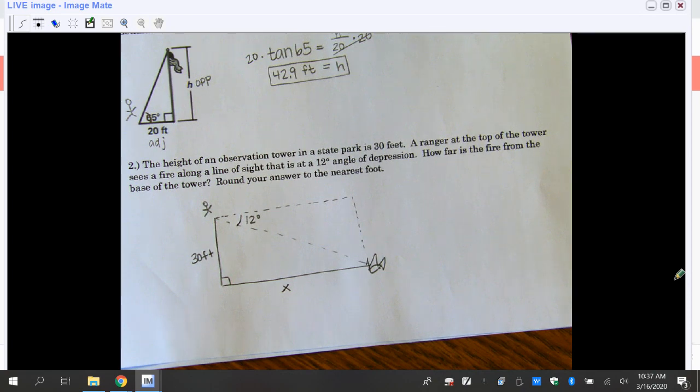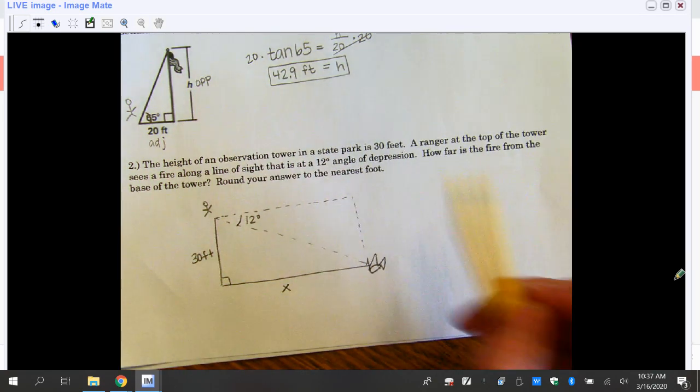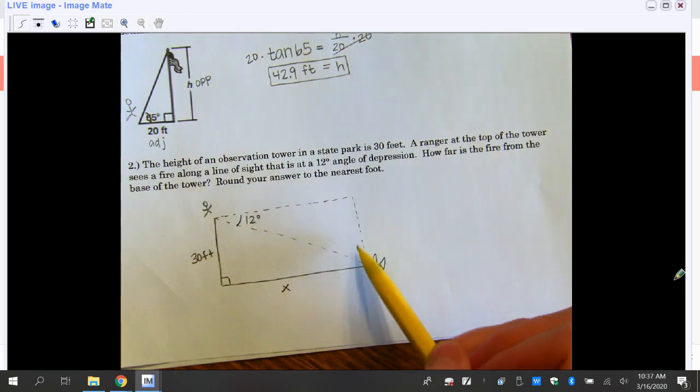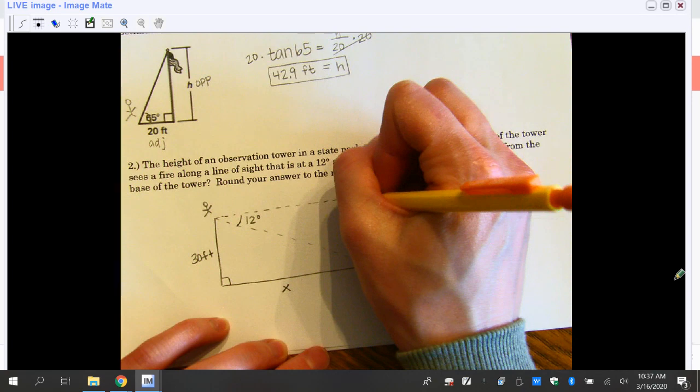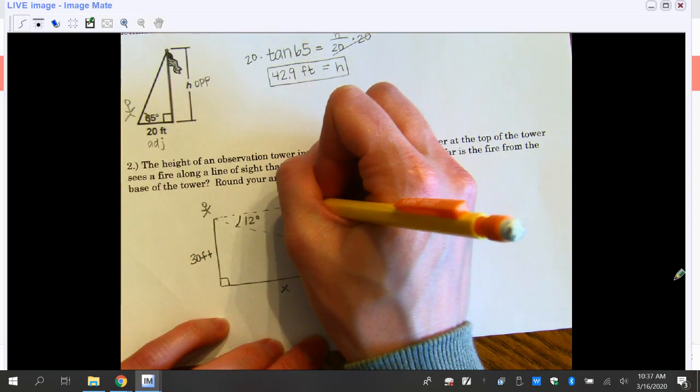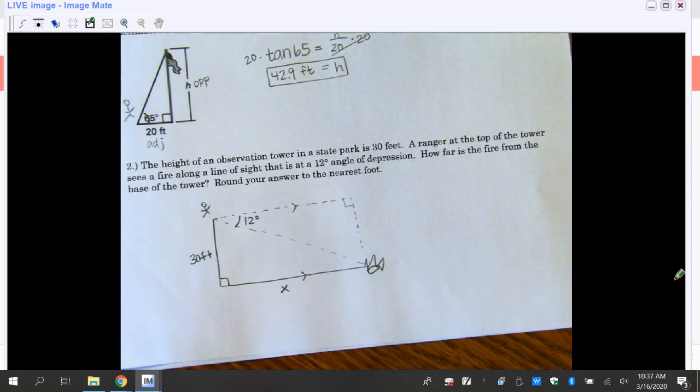Okay, so let's see if you came up with one of the correct answers, and it doesn't matter how you want to approach this. If you extend this out like this, what we did is we created a rectangle, right? With two right triangles here and here. So that means that these sides are parallel.